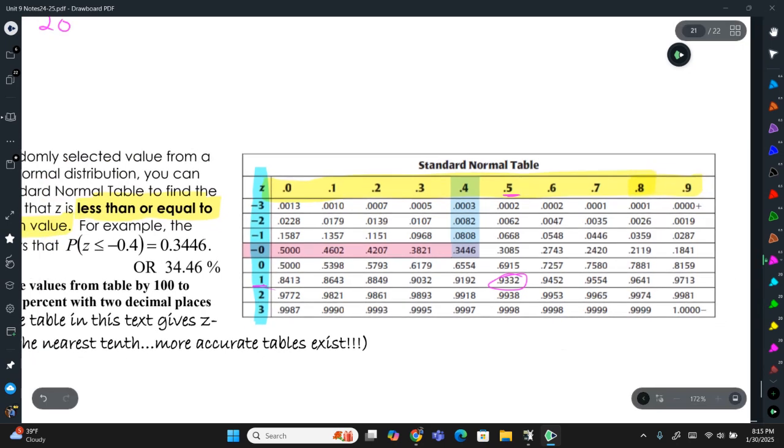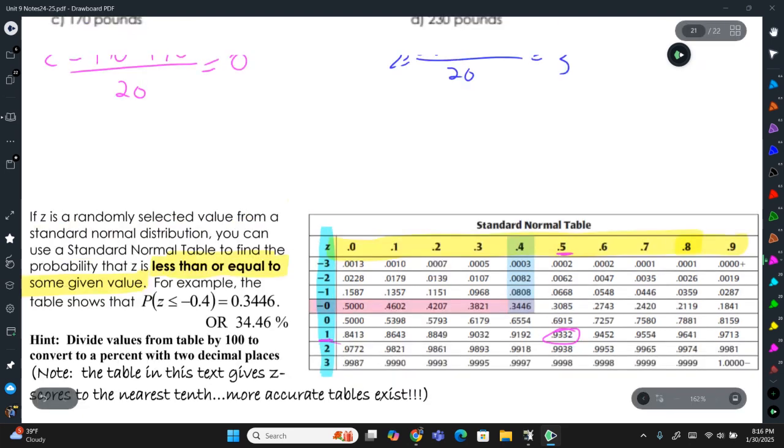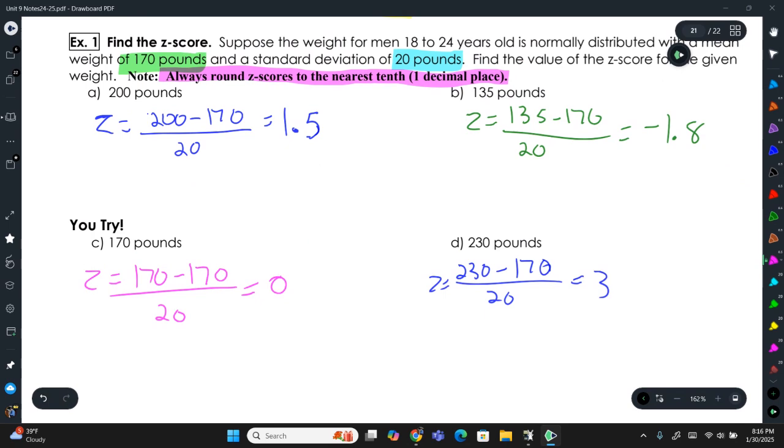So that means that 0.9332 of our data out of 1, or 93.32% of our data, is smaller than 200 pounds, because that was a z-score.